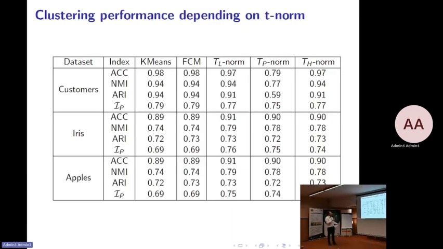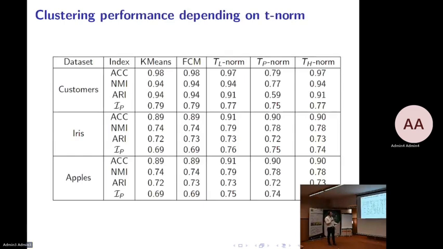The last one, index IP, is the potential function, which was introduced some slides before. This index is based on fuzzy similarities. The closer the numbers are to 1, the better the clusters are separated and the better the clustering system.